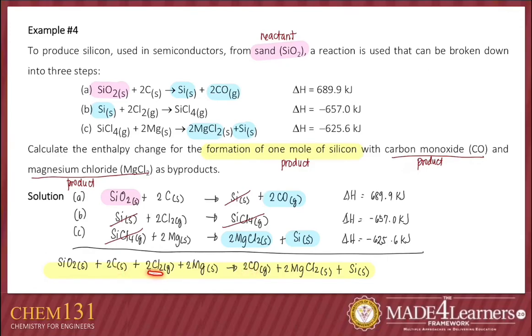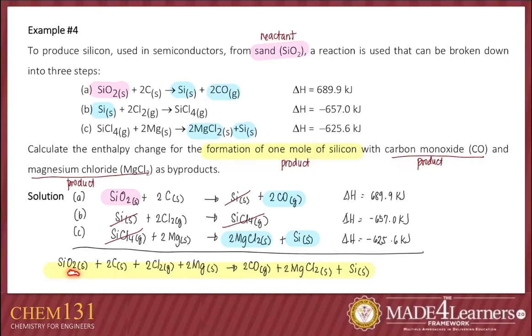For chlorine, how many in total? This is 4, because of the subscript 2 and the coefficient 2, so 4 in total. And here, we also have 4. We have 2 magnesium here, and on the left side, we also have 2 magnesium. And for oxygen, we have 2 oxygen on each side. So, it's already balanced.